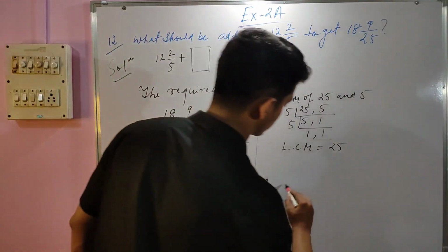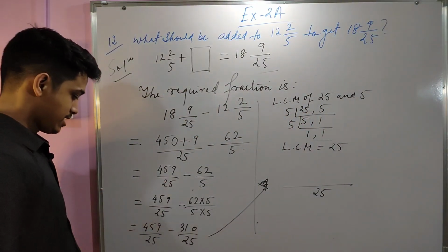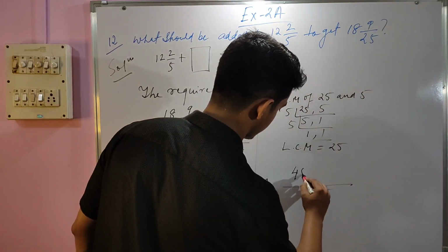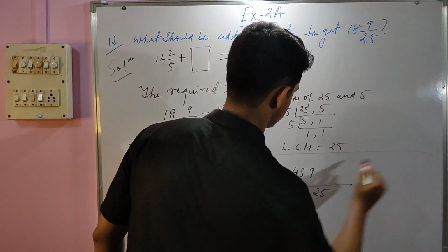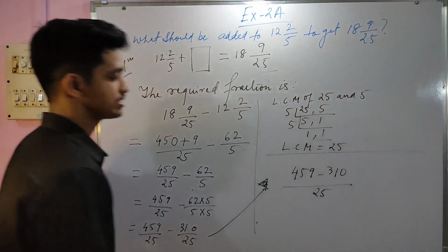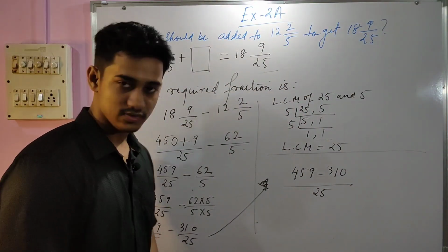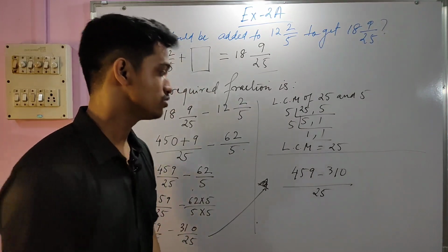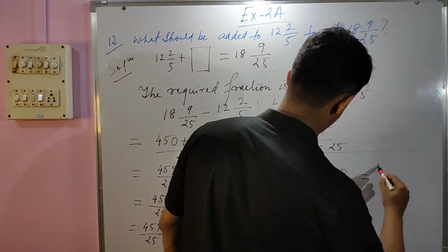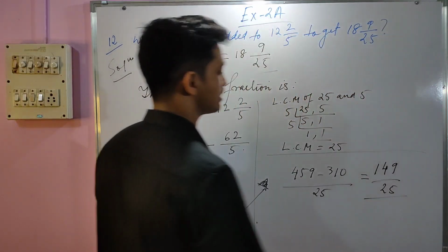So 25 will remain the same, and 459 minus 310. So what is the answer? 9 minus 0 is 9, 5 minus 1 is 4, and 4 minus 3 is 1. So 149 by 25 is the required answer.